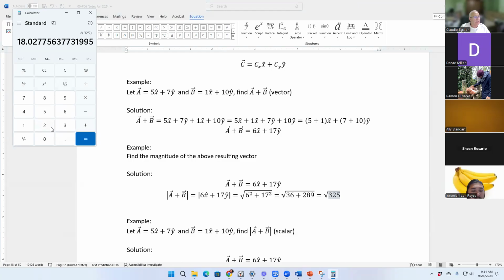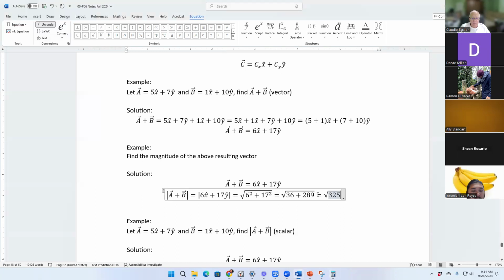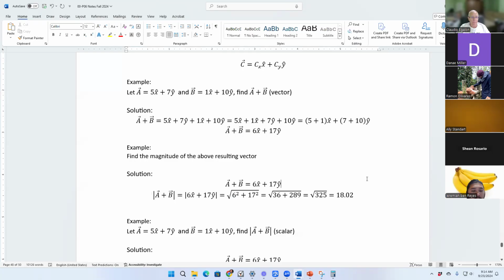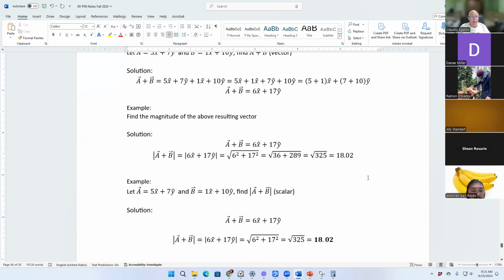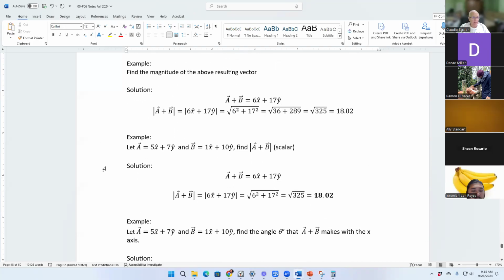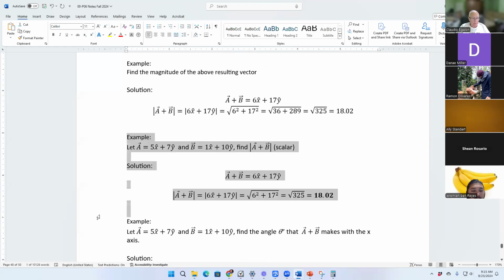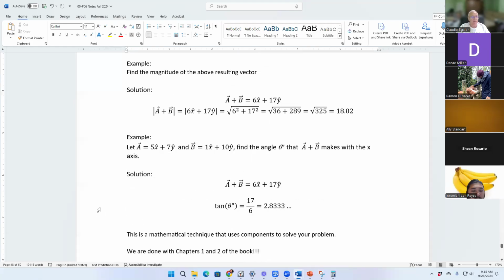I'm getting 18.02. Very close, 18.02. And that's what I did here. We don't need that, just a repetition.